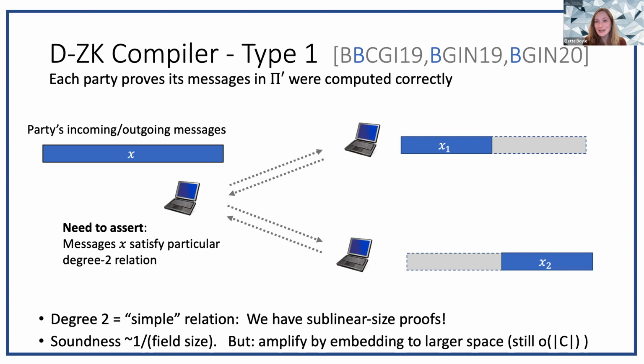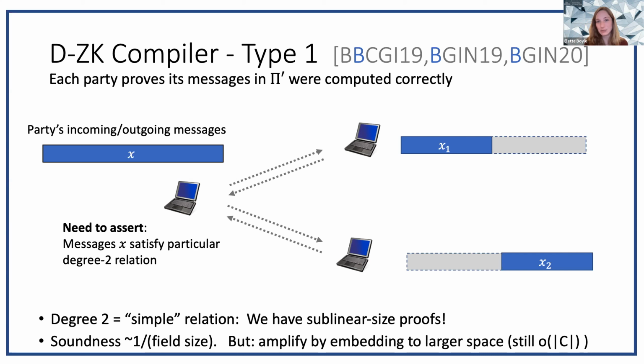And the point to make is that this does not affect the communication of pi prime, of everything that happened up till this. That's exactly as it was before. And the only thing that gets a little bit bloated is the communication for this proving phase, the part that was in the blue bubble in the previous slide. Since this proving phase was already communication sublinear in the circuit size, the fact that we get a little bit of bloat here is not enough to push it to be too big.